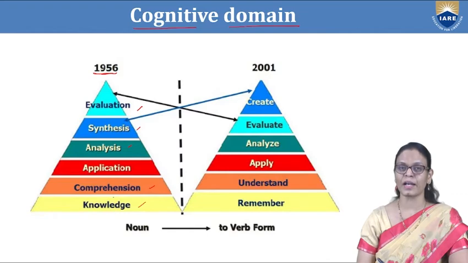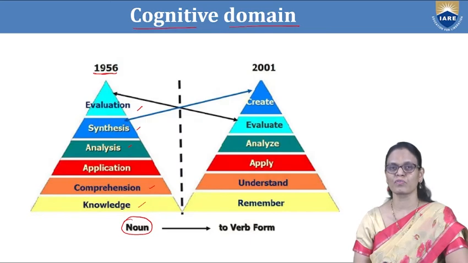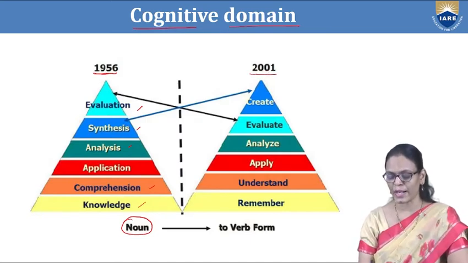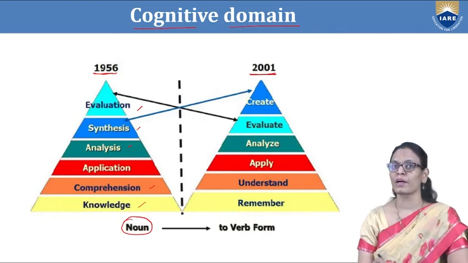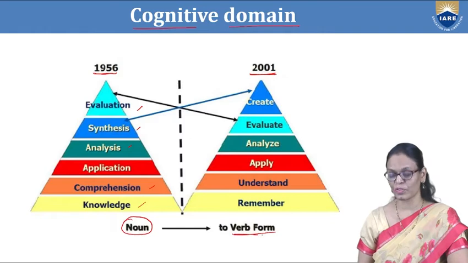This is the hierarchical level he gave, and he used noun forms to name each level. Knowledge is a level; it's a noun form. But in the year 2001, when Anderson revised Bloom's taxonomy, he changed them to verb forms.